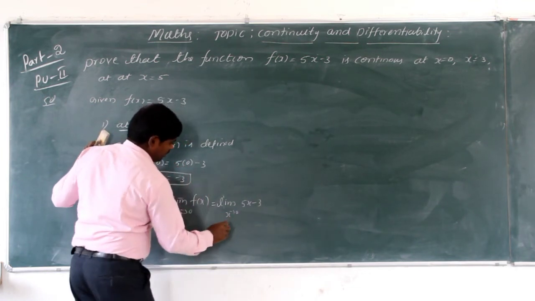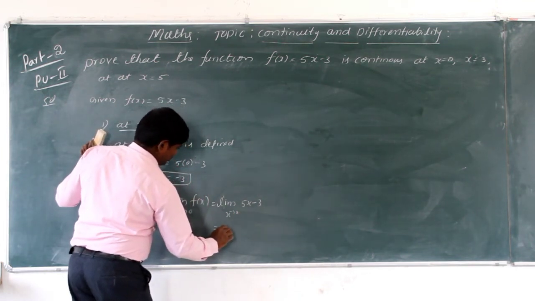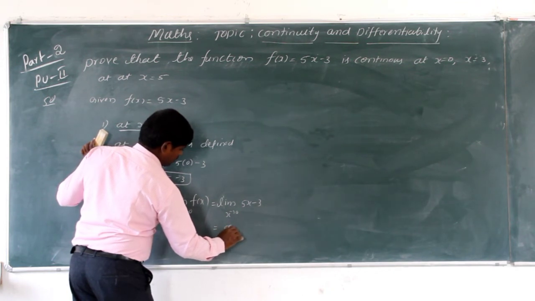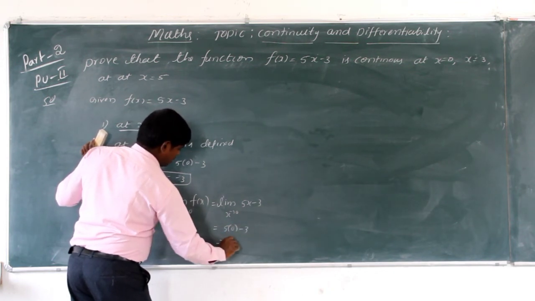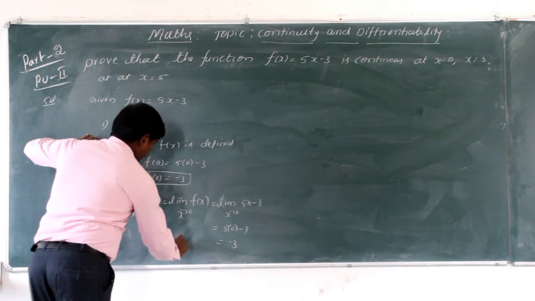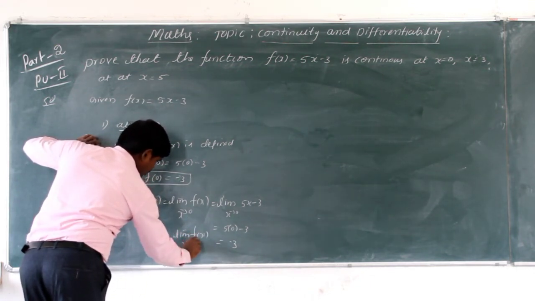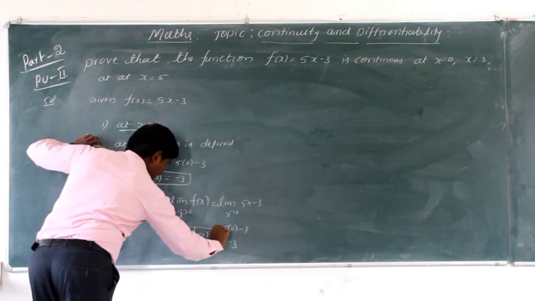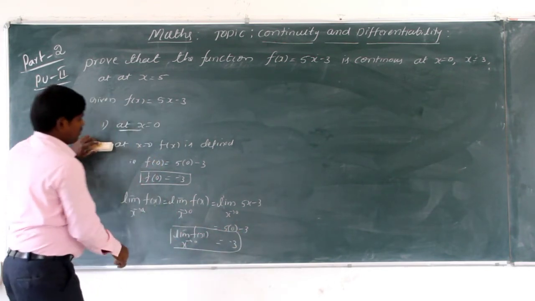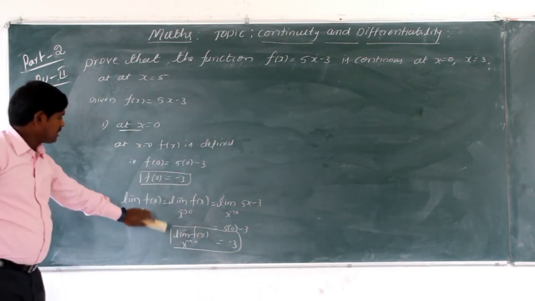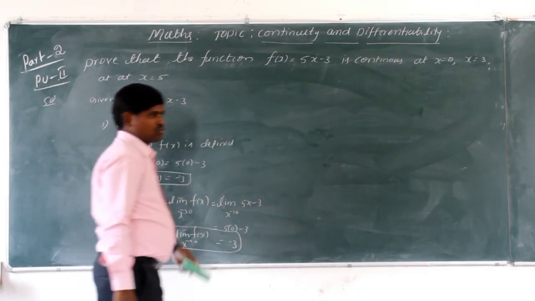Okay. So apply the limit. So which is equal to 5 into 0 minus 3. Again this is minus 3. So therefore limit of f of x as x tends to 0 is what here? Minus 3. So limit of the function and value of the function are both the same.